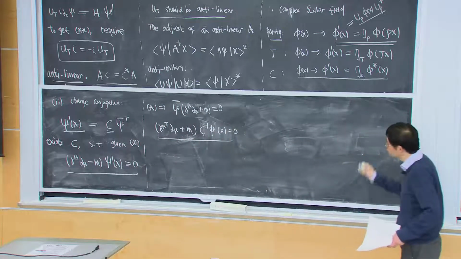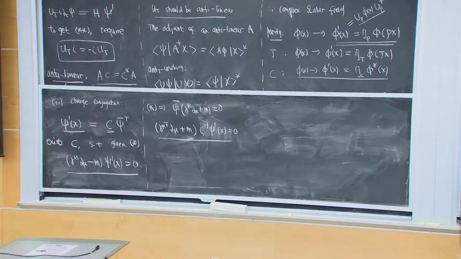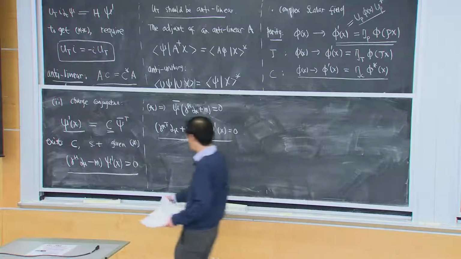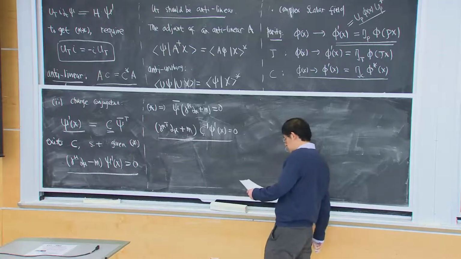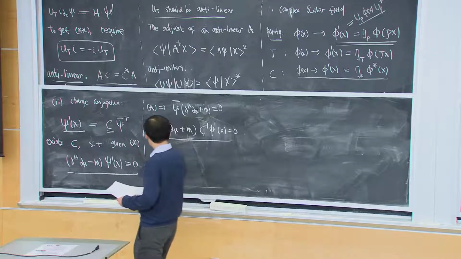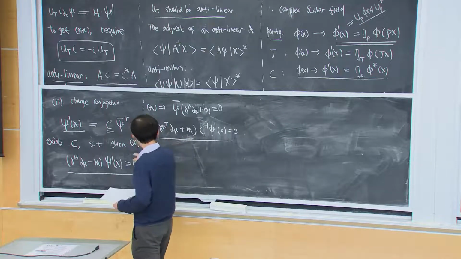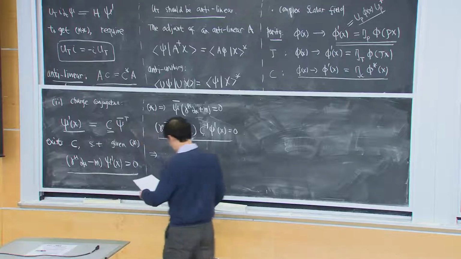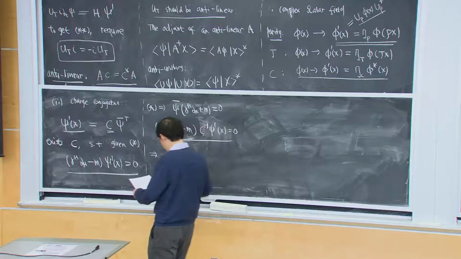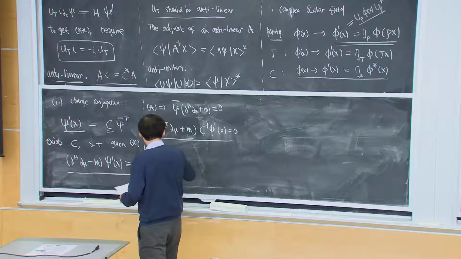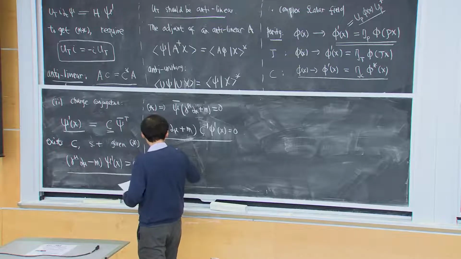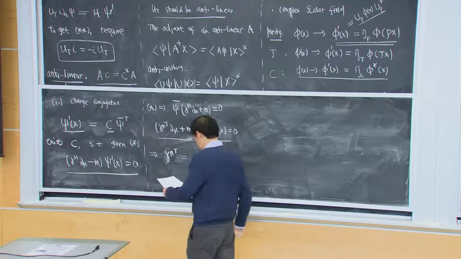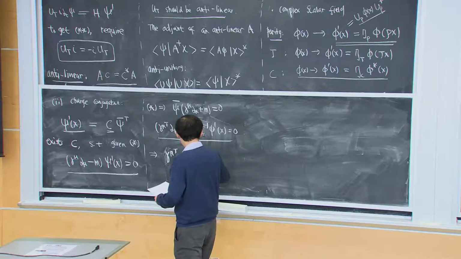As we did before, a similar idea, you just act with C minus 1 here. So in the end, from the equivalence of these two equations, you conclude that gamma mu t should be related to gamma mu by this C matrix.